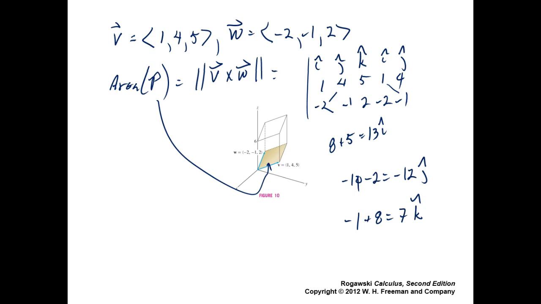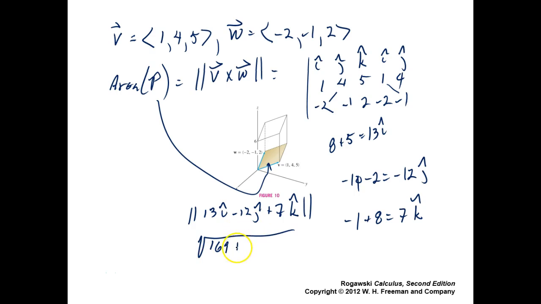Okay. So we want the magnitude of, get the right order, 13I minus 12J plus 7K. Okay, and what would that magnitude be? The square root of 169. Yeah, 13 squared. Is that right?